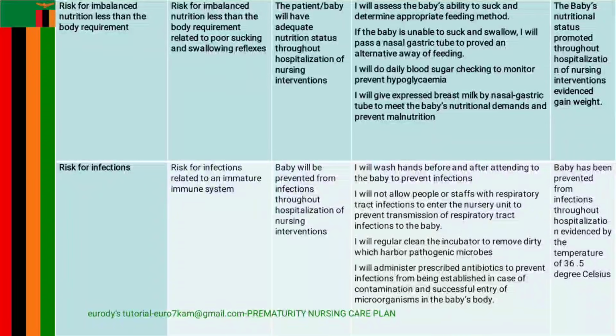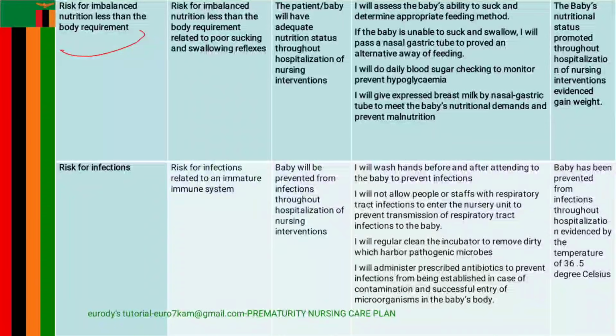Other problems that we can see include risk for imbalanced nutritional status, less than the body requirement, related to poor sucking and swallowing reflex that we see in newborn babies, especially premature babies. And in terms of the goal, you can say the baby will have adequate nutritional status throughout hospitalization.